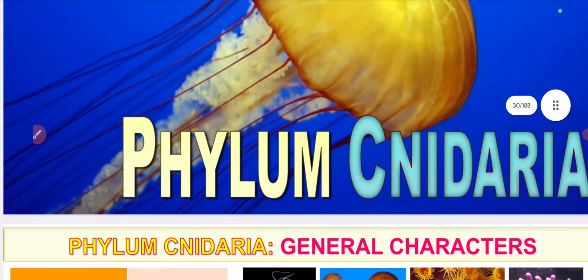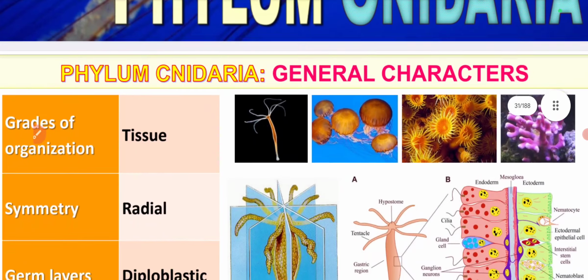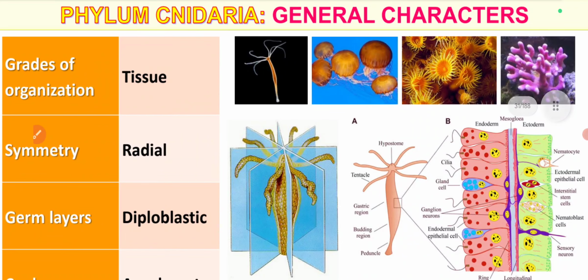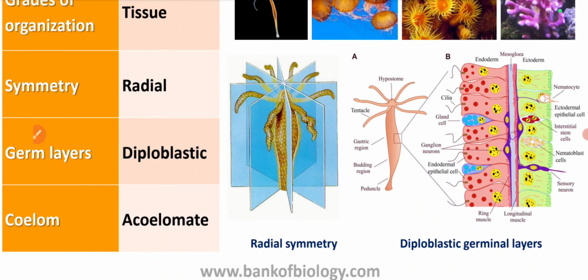Next phylum, Cnidaria. It has some more advanced features compared to the phylum Porifera. Cnidaria: grade of organism is tissue level, whereas Porifera has cellular level. Symmetry radial, germ layer diploblastic, coelom acoelomate.